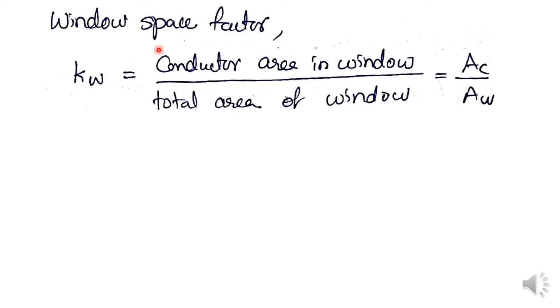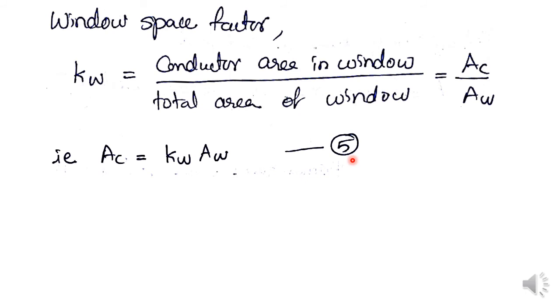Now the window space factor. We had already defined a term called window space factor, that is KW, which is the ratio of conductor area in window divided by total area of window. Conductor area, copper conductor area in the window divided by total area of the window. That is equal to AC by AW. So AC can be written as KW into AW. So we have two equations for AC, that is equation number 4 and equation number 5.